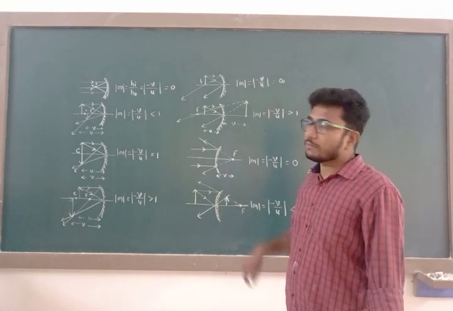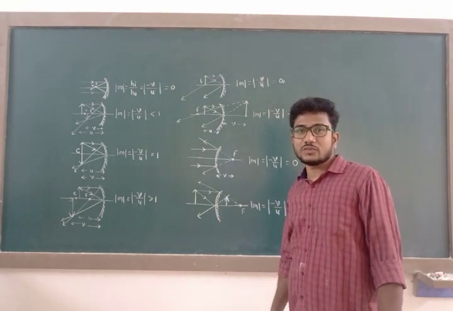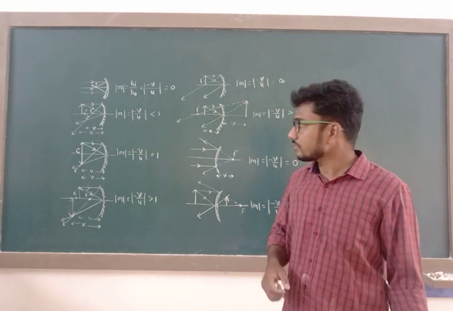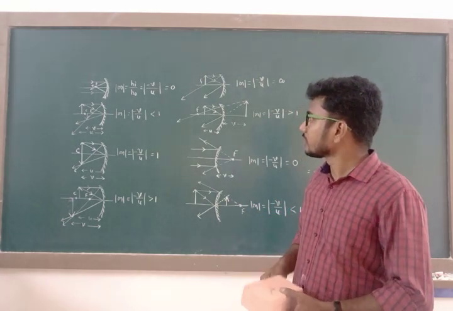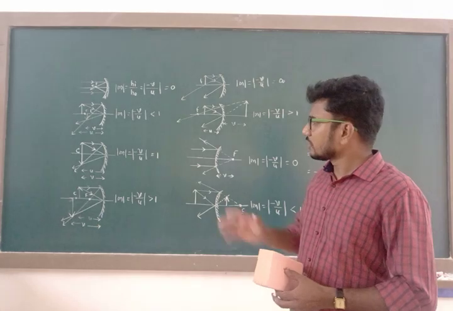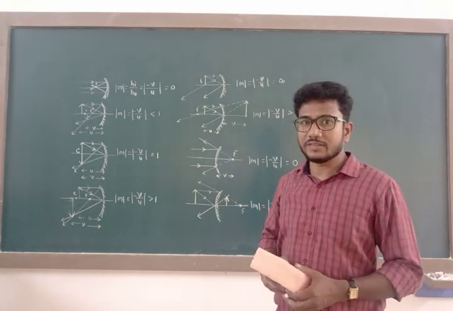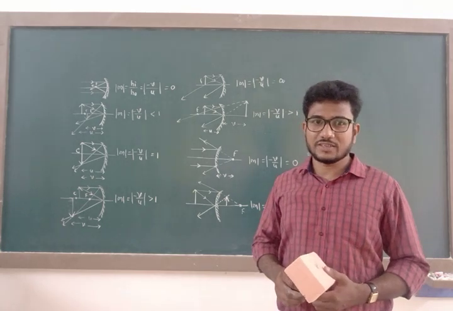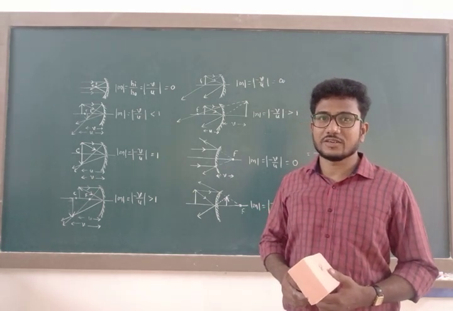So like this, depending upon the value of linear magnification, we can analyze size of the image. So this is all about linear magnification. Next class, I am going to take refraction of light.